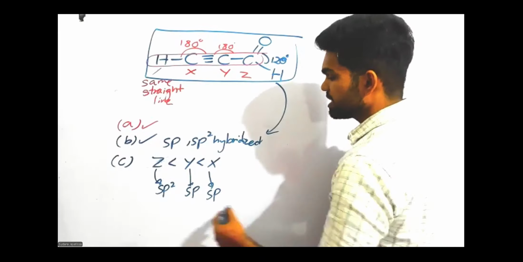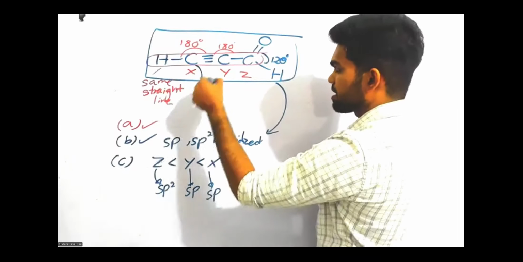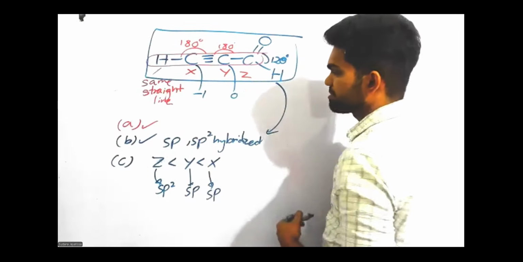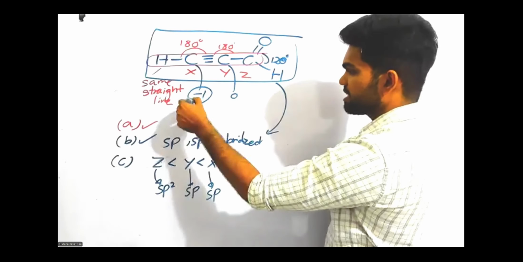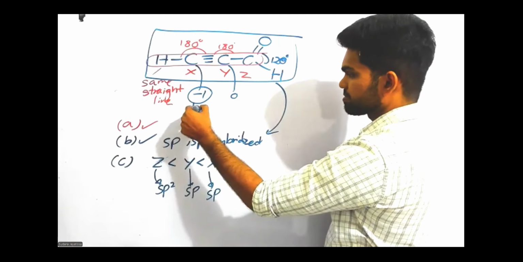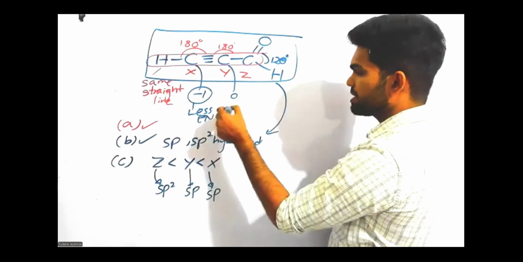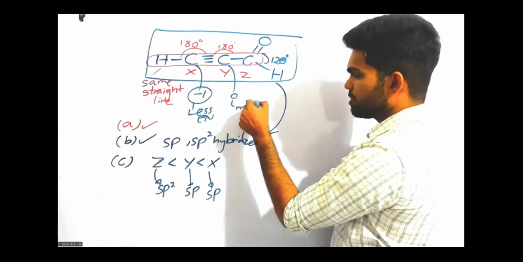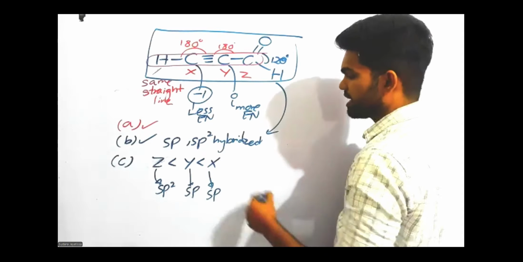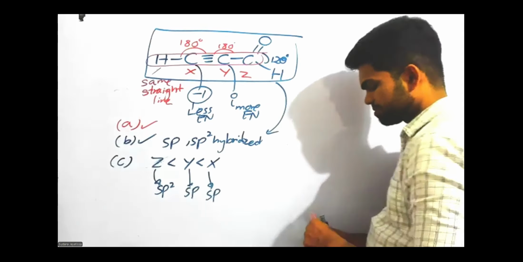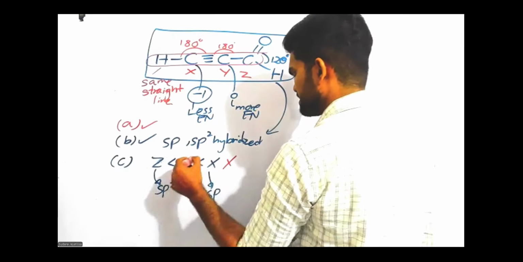But if you check the oxidation numbers, here the oxidation number is -1 and here the oxidation number is 0. If it has -1 oxidation state, it is less electronegative. Electronegativity is low. Relative to that, 0 is a higher value, so this is more electronegative. So it's not X; this order is wrong. These 2 places should be exchanged.